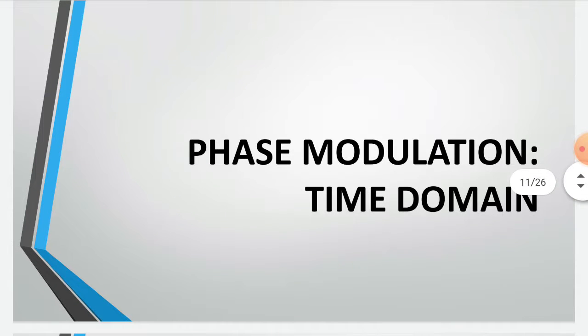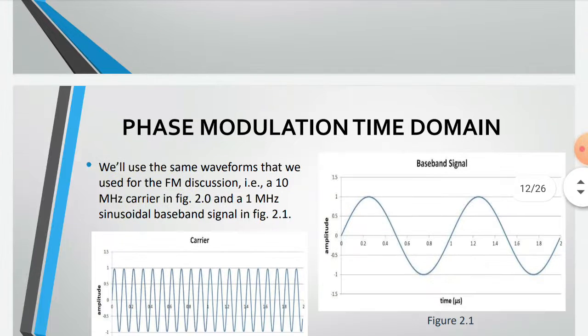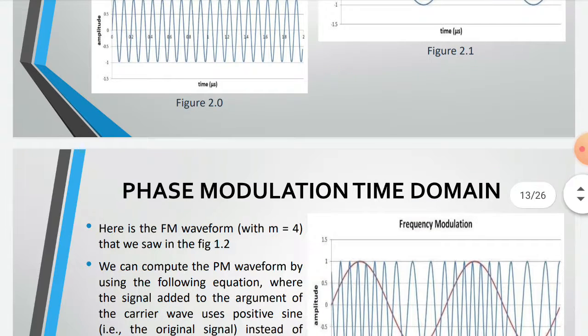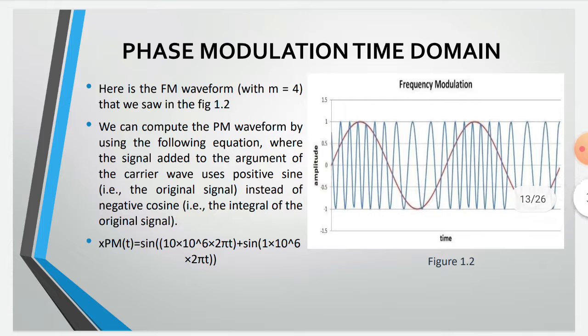Phase modulation time domain. We'll use the same waveforms that we used for the FM discussion. The 10 MHz carrier in figure 2.0 and the 1 MHz sinusoidal baseband signal in figure 2.1. Here is the FM waveform with m equal to 4 that we saw in figure 1.2.